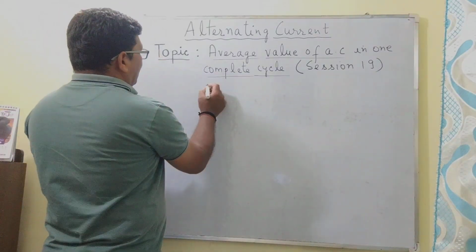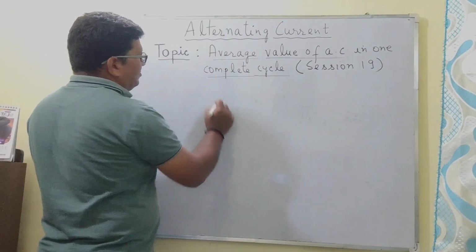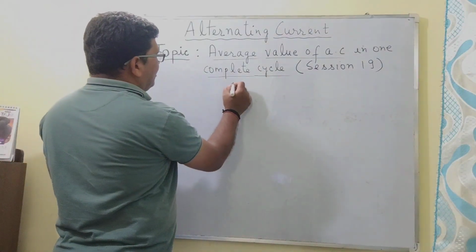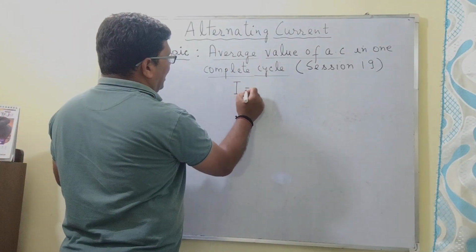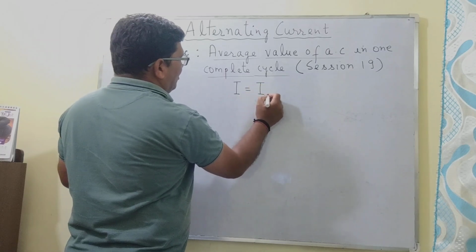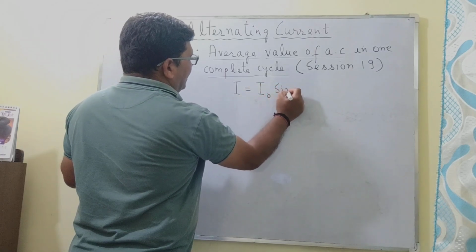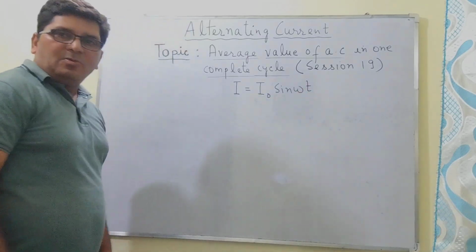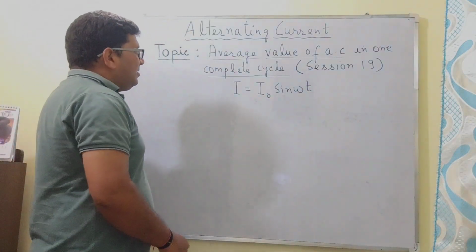So the alternating current is given by I equal to I naught sine omega t, where I naught is the peak value of the alternating current.